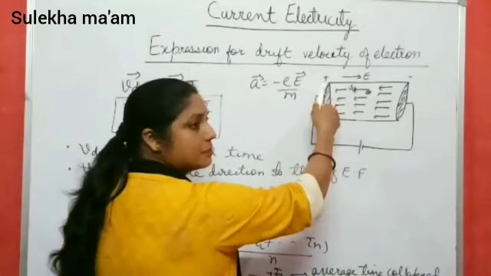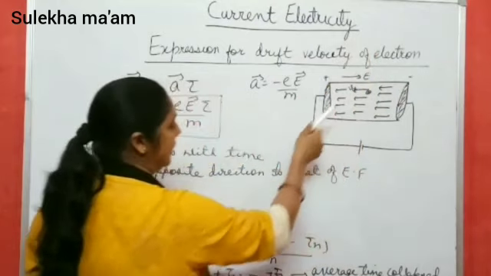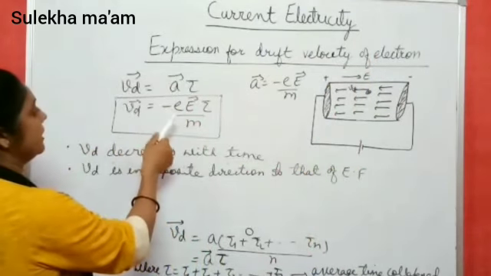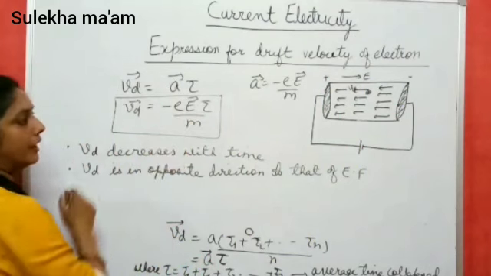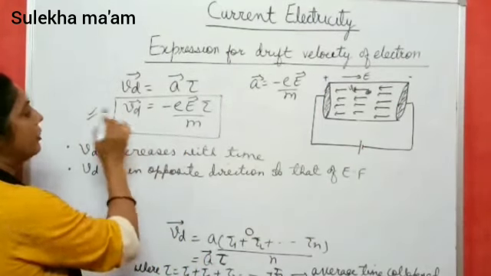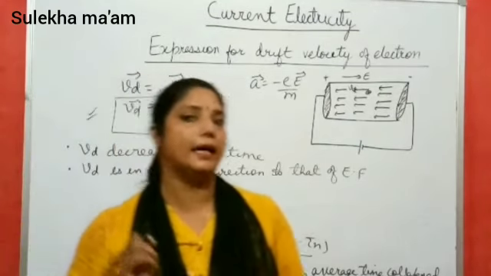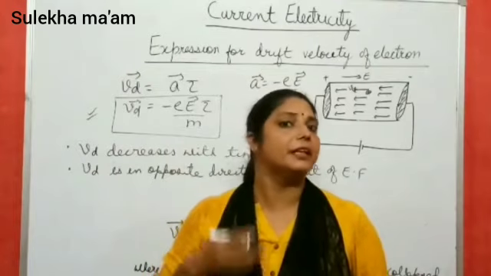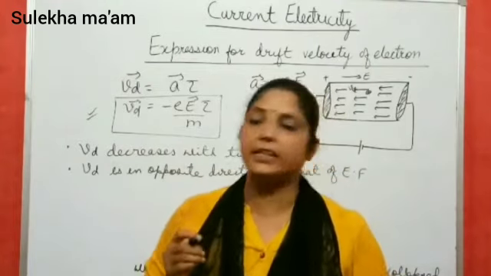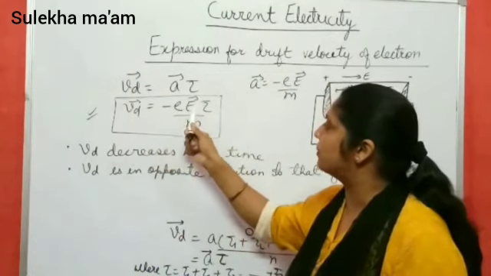So they move towards the positive side and the electric field is from positive to negative side. So Vd is opposite to the direction of the electric field. You remember this formula? This is very important. The formula for drift velocity is Vd equals minus E tau by m. It means as the time increases, drift velocity decreases, and also the direction of drift velocity is opposite to that of the electric field.